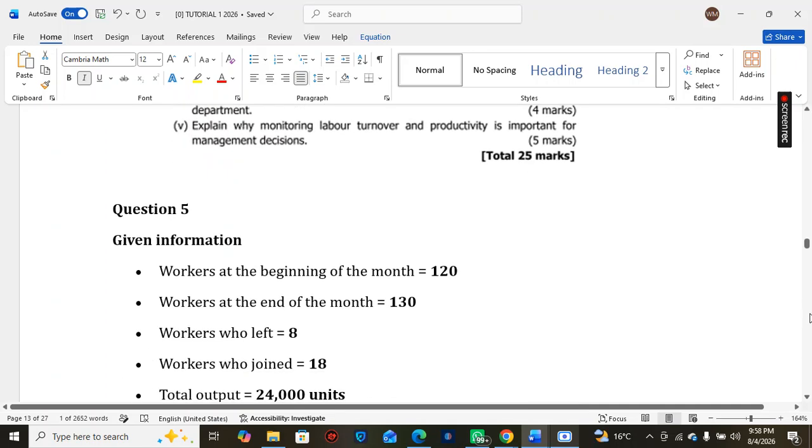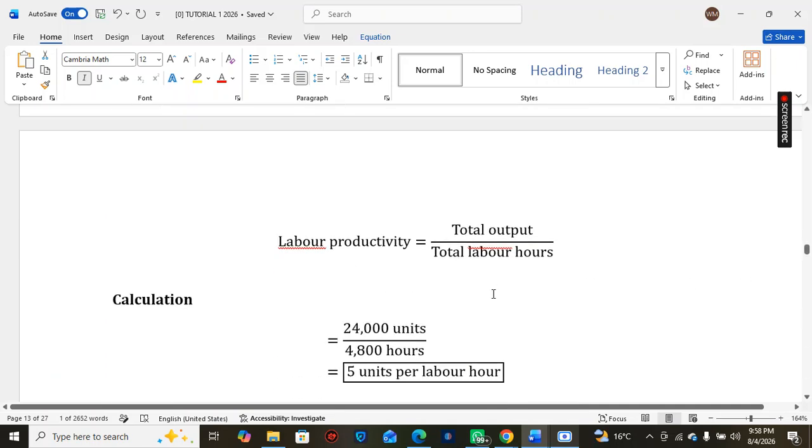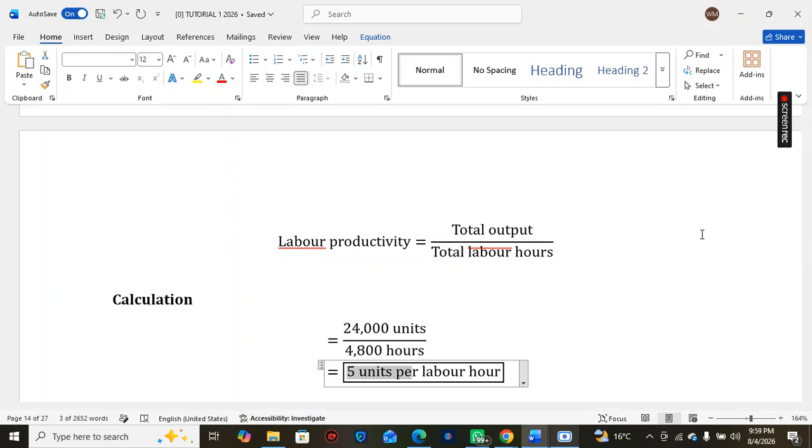Total output 24,000 units, labor hours 4,800. 24,000 divided by 4,800, we get 5 units per labor hour. That is the labor productivity ratio.